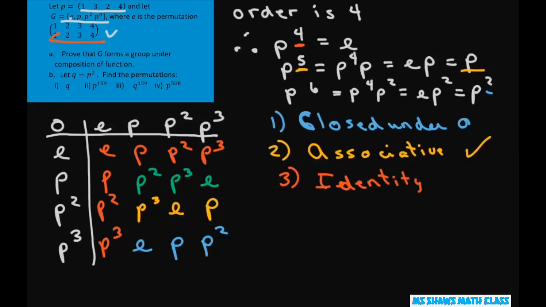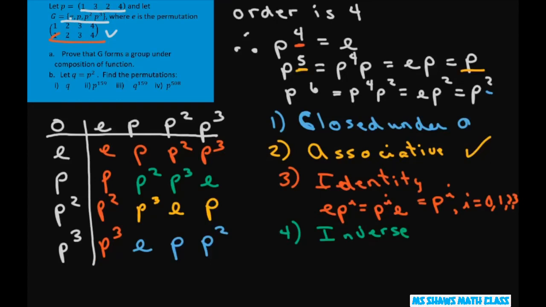So basically, you could say for this, if you wanted to, E times P to the i equals P to the i times E, which equals P to the i, and that's for i equals 0, 1, 2, and 3. All right, so you could say it like that. And then lastly, inverses. For our inverses, all we have to do is look at the identities in the table.